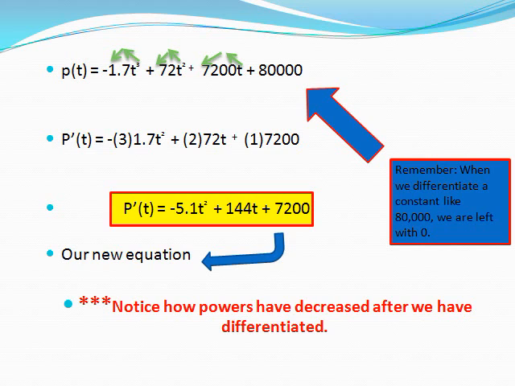So remember, no matter what the constant is, no matter how big or how small, we're always left with 0. So that gives us our new equation, which is p dash t equals minus 5.1t squared plus 144t plus 7,200. And notice how the powers have decreased after we have differentiated.